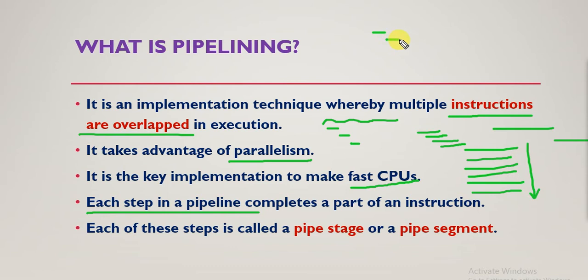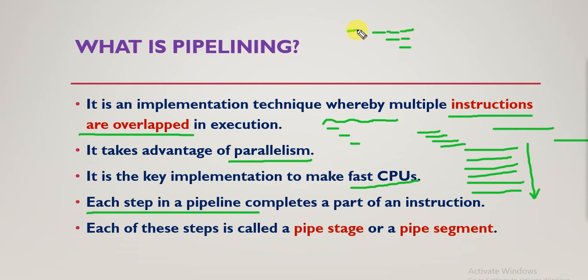Now in another step, another part of the second instruction will be executed. Similarly, at the same time, the remaining part of the first instruction will also be executed. When it comes to the third one, this step will be executed, and at the same time the remaining part of the second and of the first will be executed.